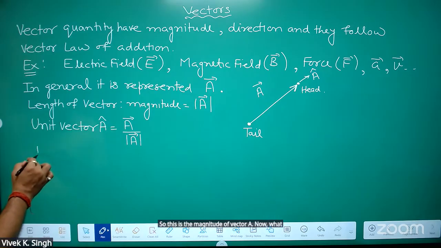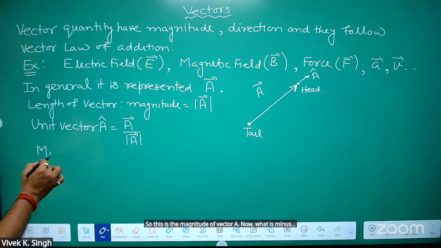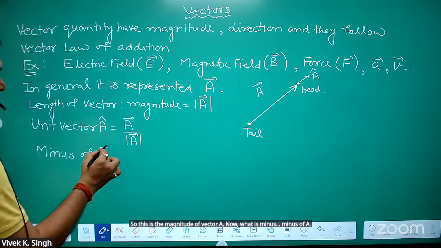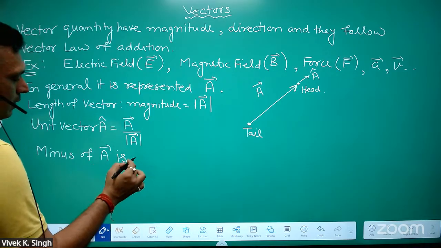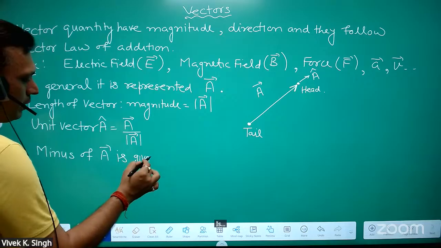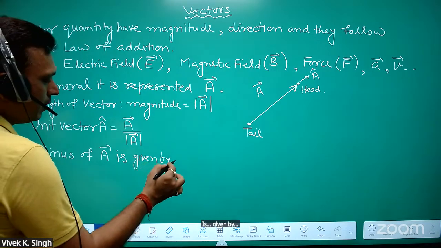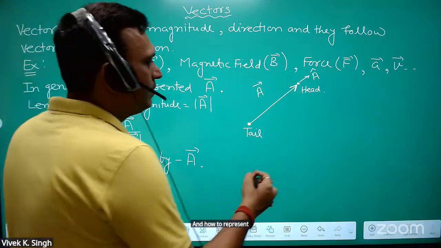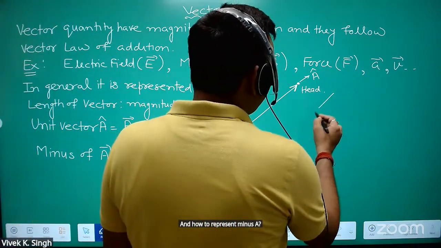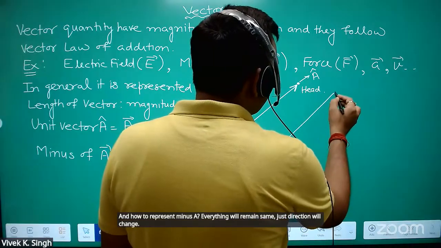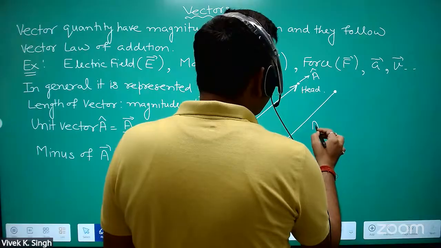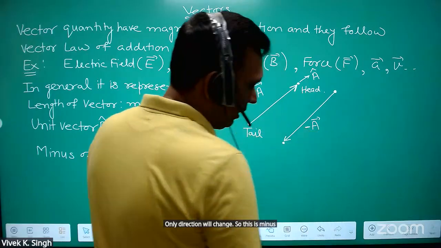Now what is minus A? It is given by the minus A vector. And how do we represent minus A? Everything will remain the same, just the direction will change. Only the direction changes. So this is the minus A vector.